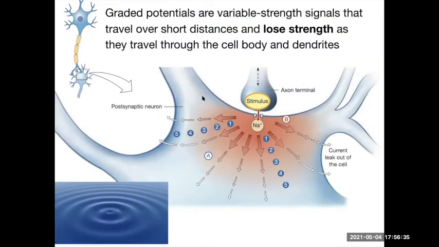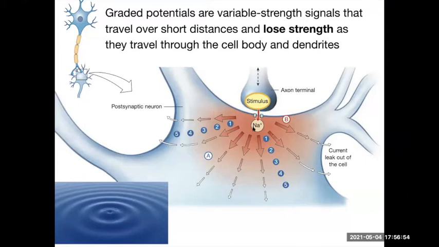So your graded potentials are a little ripple in the cell body and dendrites. They can be big or they can be small. They're variable strength. They're going to travel a short distance and lose strength as they travel over the cell body and dendrites.